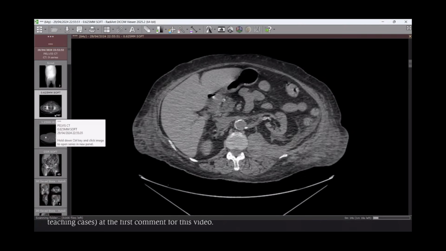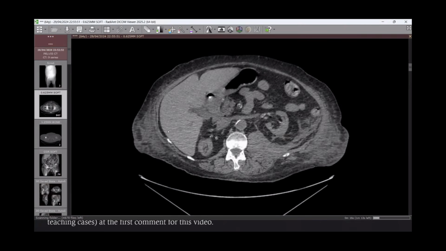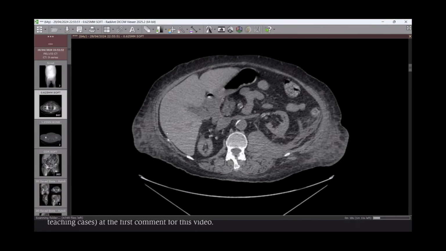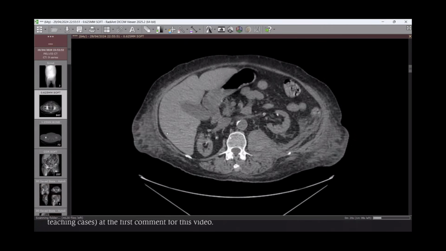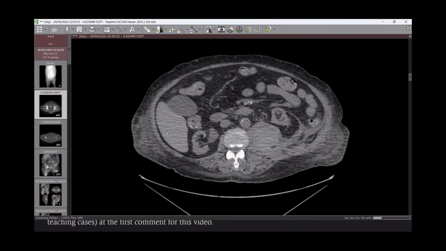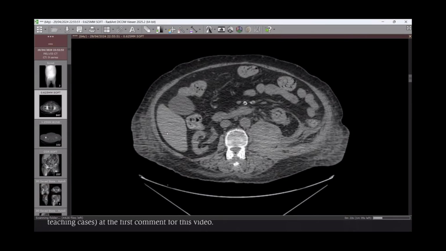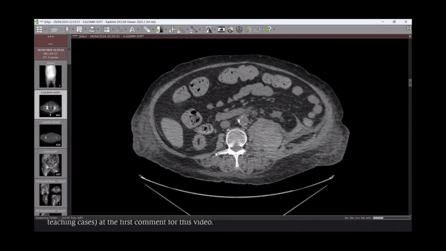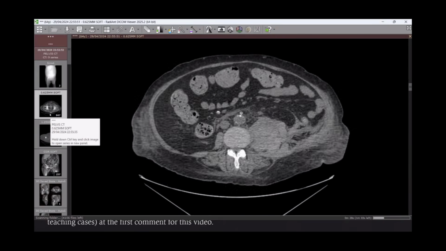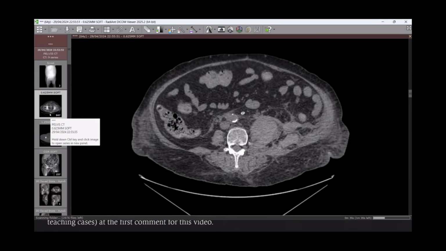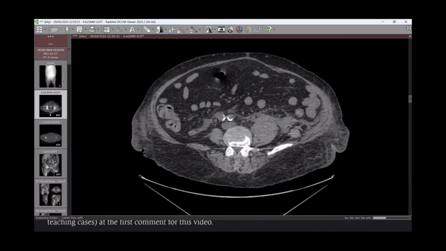This is also a trauma case. Non-contrast CT study of a patient who came in with trauma. I am scrolling through the whole images first before I start to comment on the presented scan.